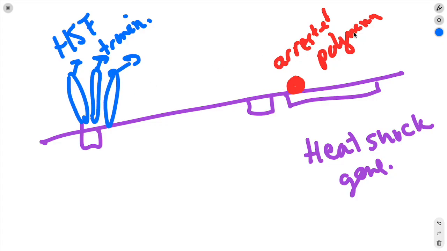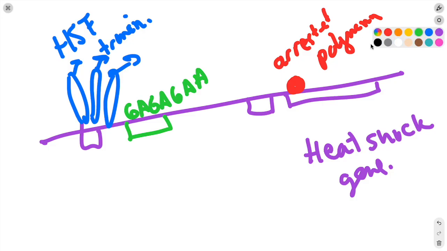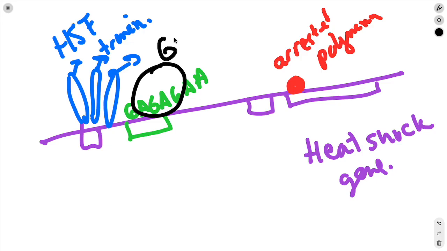In this story, there's another binding site involved, and it's here. And if you look at the DNA sequence, it's like G, A, G, A, G. It's just got a bunch of G's and A's. And there's a protein that binds to it, and it's our new protein, and it's called GAGA factor.